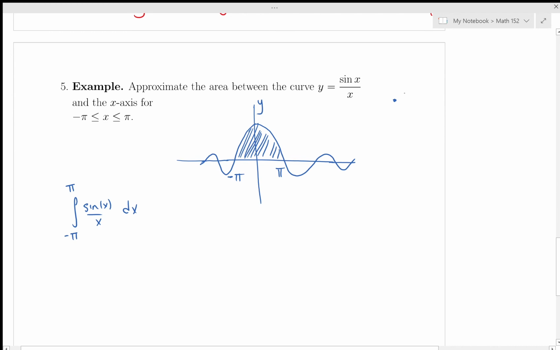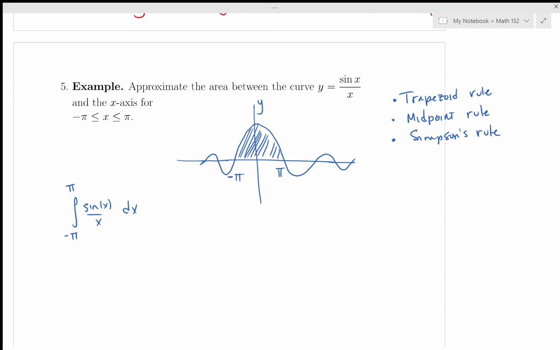We could use the trapezoid rule. We could use the midpoint rule. We could use Simpson's rule. Look at that, we already have a variety of different tactics. We're not going to use any of those methods here. I just want to remind you of those.